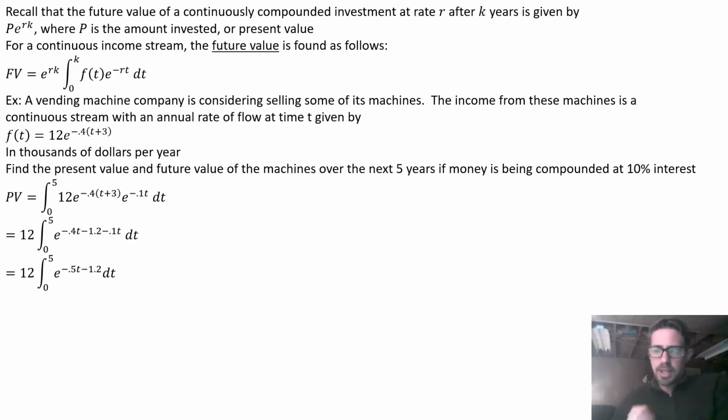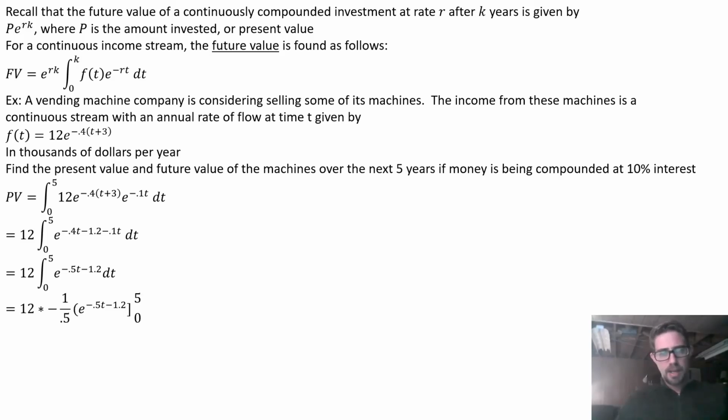So again, just think about the substitution rule. We don't really have to do it. Just think, what's the derivative of that inner function, negative 0.5t minus 1.2? The 1.2 doesn't appear in the derivative, so du is just negative 0.5 like it was last time. All that's going to end up happening is we're just dividing by negative 0.5.